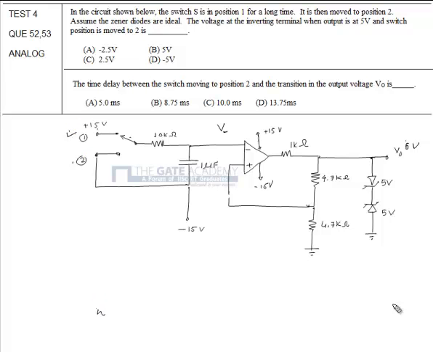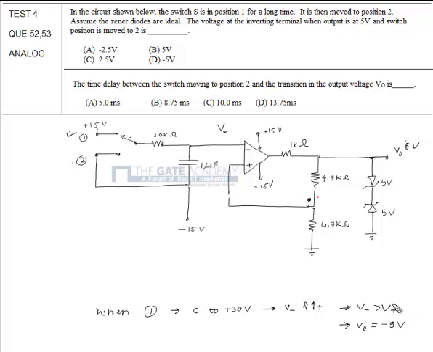When switch is at position 1, the capacitor will be charged to plus 30 volt and V negative will be very much positive, and hence V negative will be greater than V positive, so the V output will be minus 5 volt because of the Zener diodes.